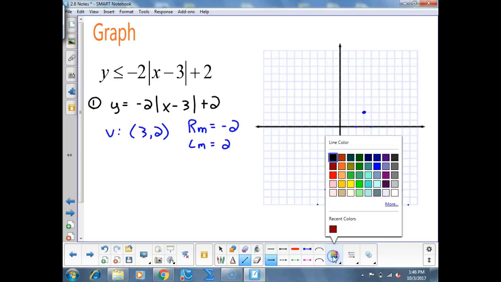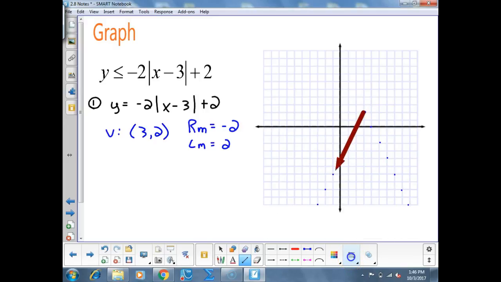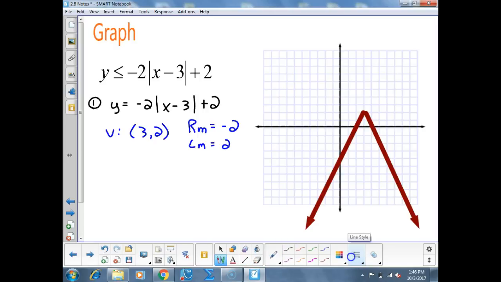This one's a solid line. I did not go through the origin, contrary to what Freddie thinks. So we got 0 less than or equal to negative 2 times the absolute value of 0 minus 3 plus 2.